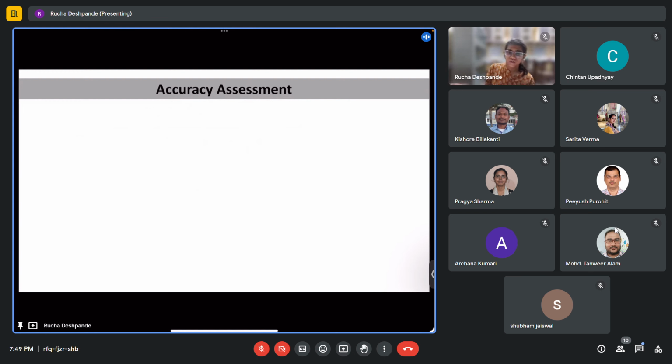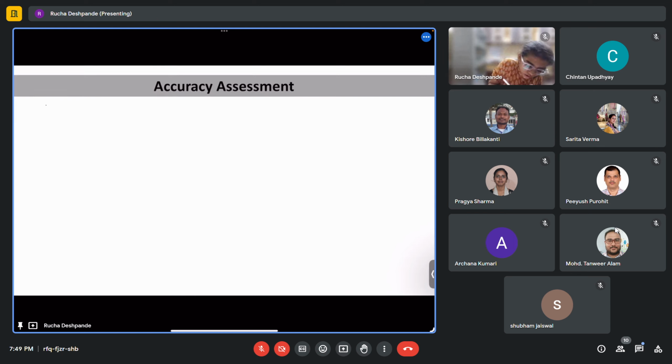So let's talk about the accuracy assessment. Both the classification systems, supervised or unsupervised, are trying to do the following: if I have a data set containing n number of pixels, based on the property or characteristics of each pixel, they are being classified into different classes.